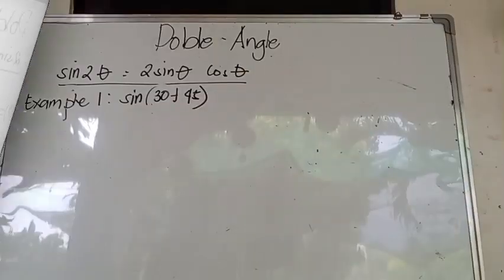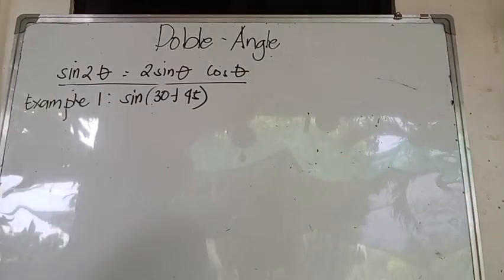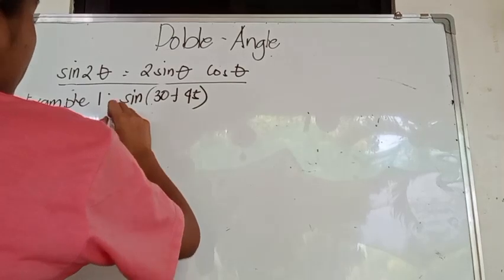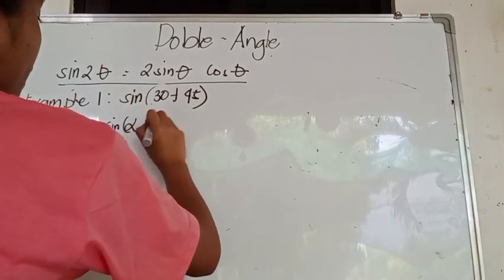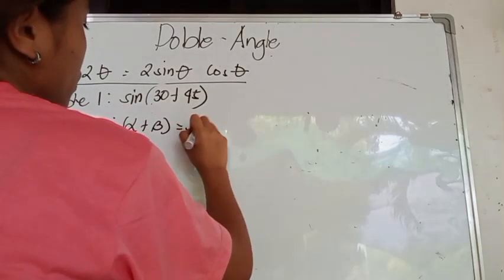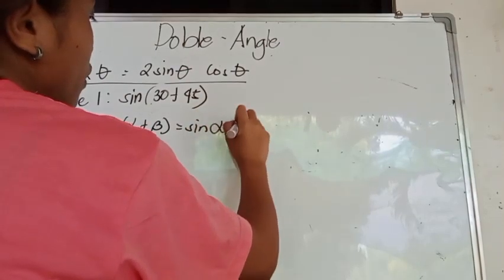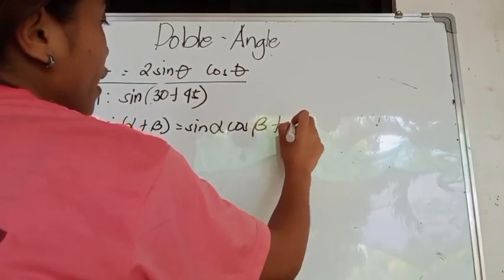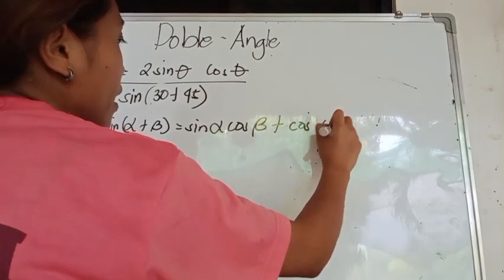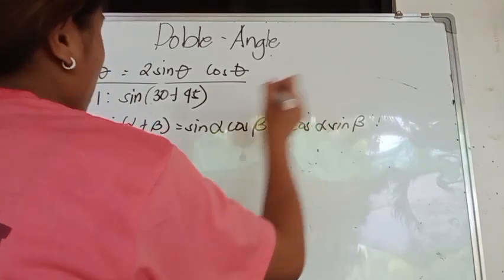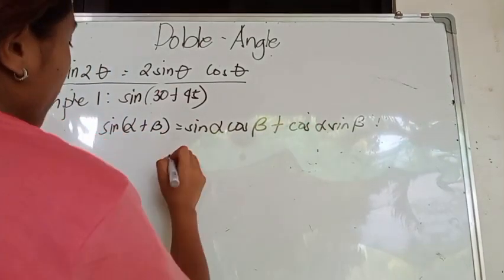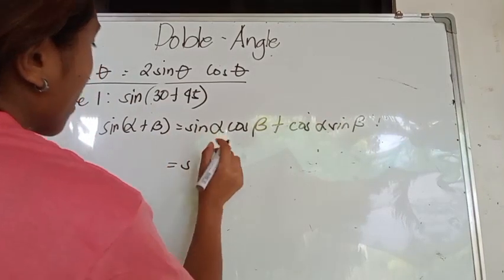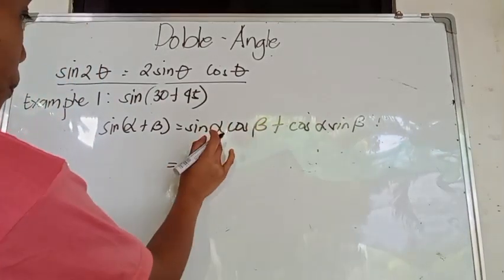Let's start with example number 2, which is sine of alpha plus beta equal to sine alpha cos beta plus cos alpha sine beta. We will put the numbers in here.